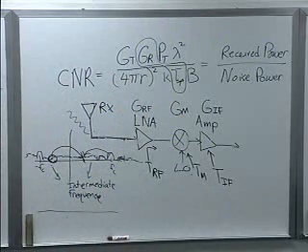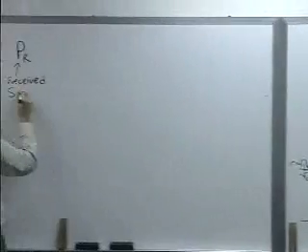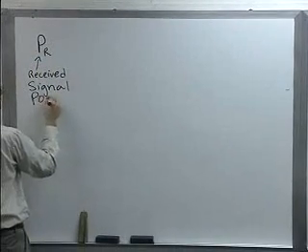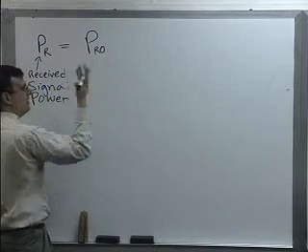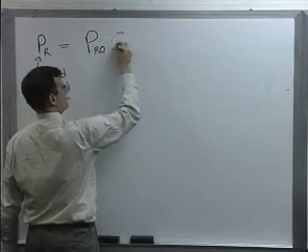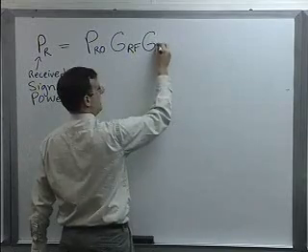So based on our noise model, how does the carrier to noise ratio degrade as it marches through our electronic chain? Well, received signal power is basically going to be our P R naught, the power into our antenna, and there's going to be some gain for the LNA, some sort of gain for our mixer.